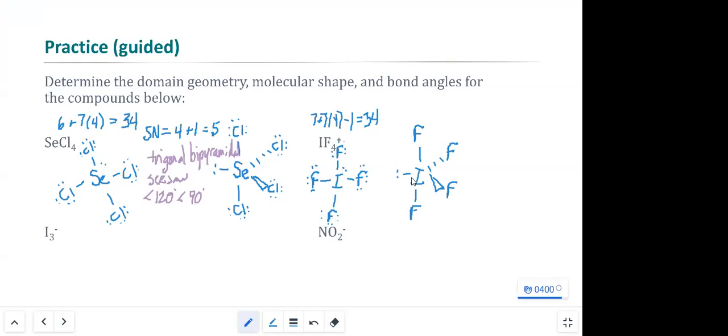For the purposes of just being a little bit quicker here, we're going to leave off the lone pairs in our 3-dimensional structure since we already drew them in the Lewis structure there. We're just kind of looking at this from a standpoint of shape and angle. And so the net result here, once again, we have a steric number of 5. So we're talking about trigonal bipyramidal.